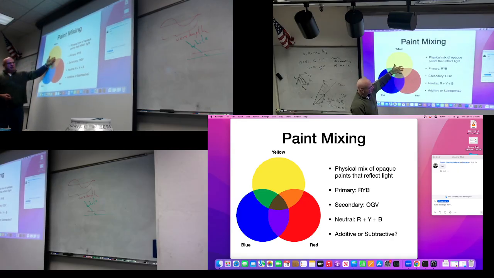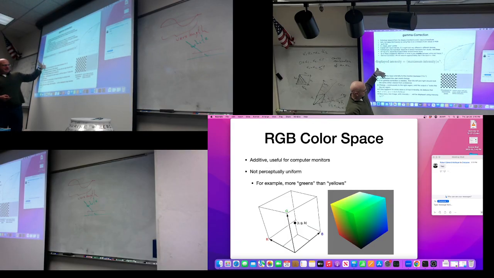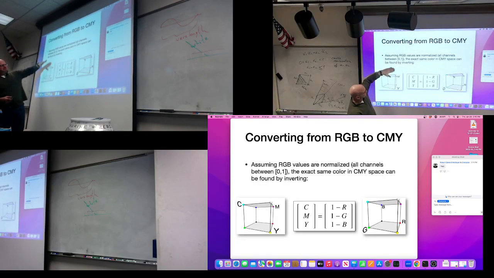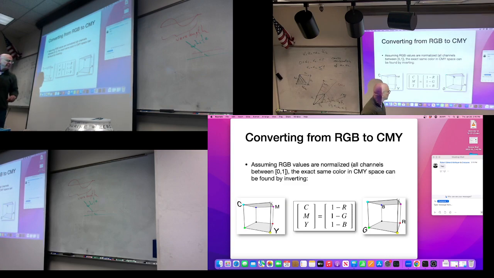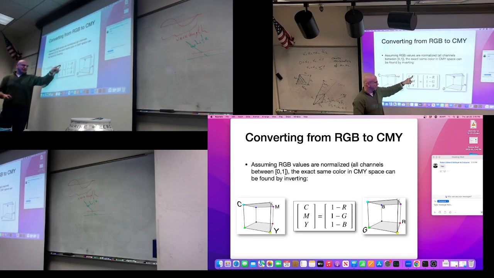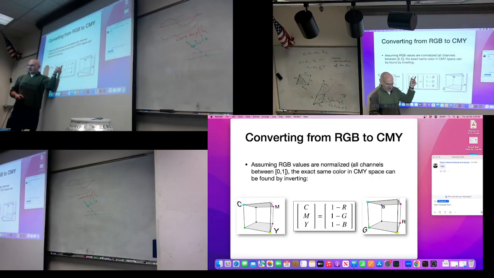We can think about colors, as we said, as additive or as removing colors from the overall spectrum. Sorry, apologize for the slides. Now, when I'm in the CMY, how much cyan do I have in the color? 1 minus how much red do I have in it.